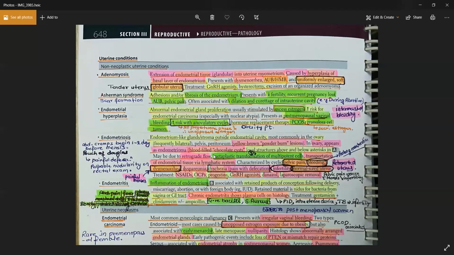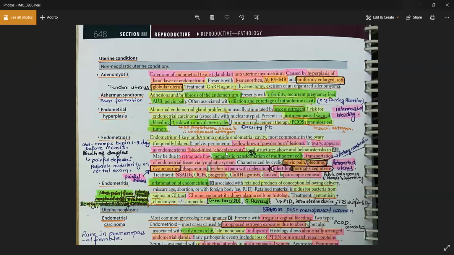So due to retrograde blood flow, you can have translocation of these tissues to other parts, and that will be the cause of endometriosis.